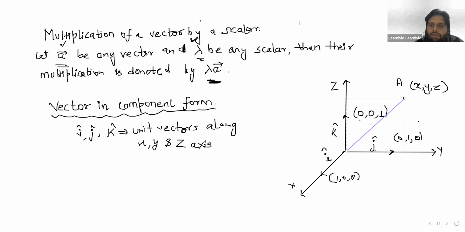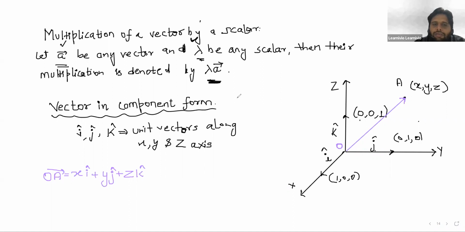This is O, this is A. When a coordinate is given and you need to find the vector OA, it will be x i cap plus y j cap plus z k cap.